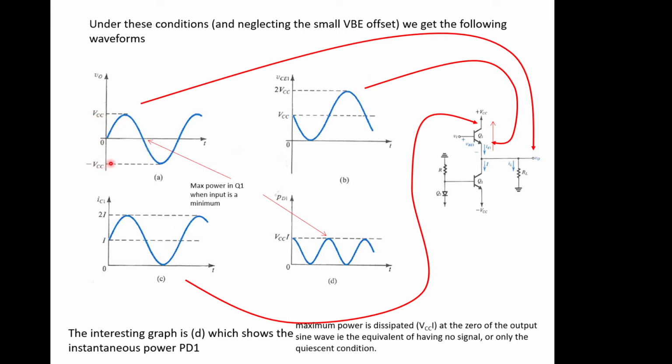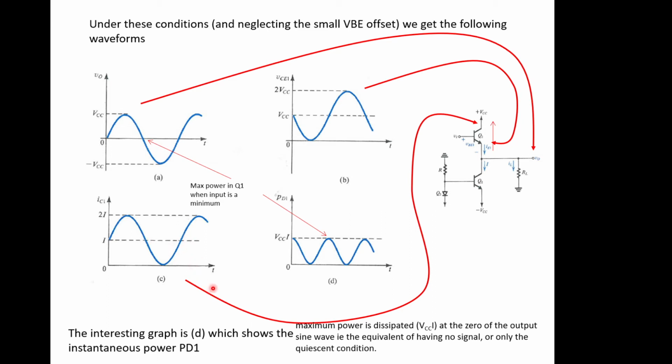This is as big as it can get, not allowing for saturation voltages and VBE offsets. Looking at the current in this transistor over here, it goes up to 2I and down to 0 when all the current is flowing from the load through this bottom transistor, then back up to 2I again. Remember, it averages I.